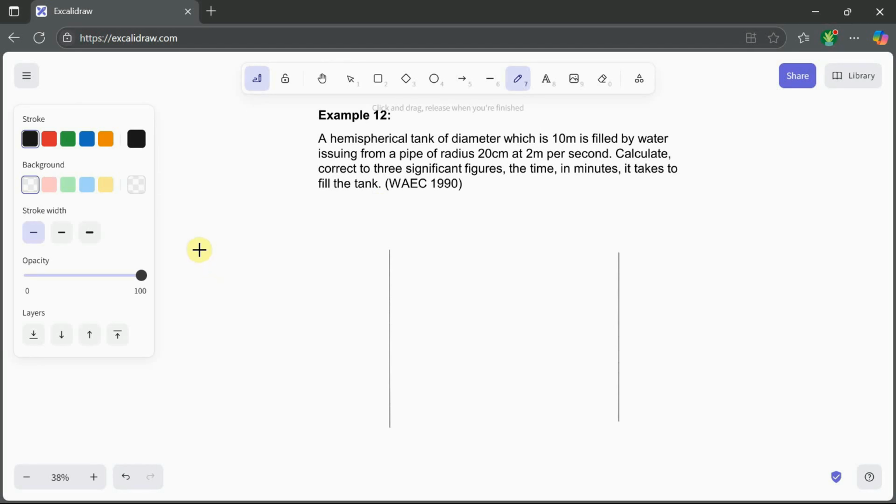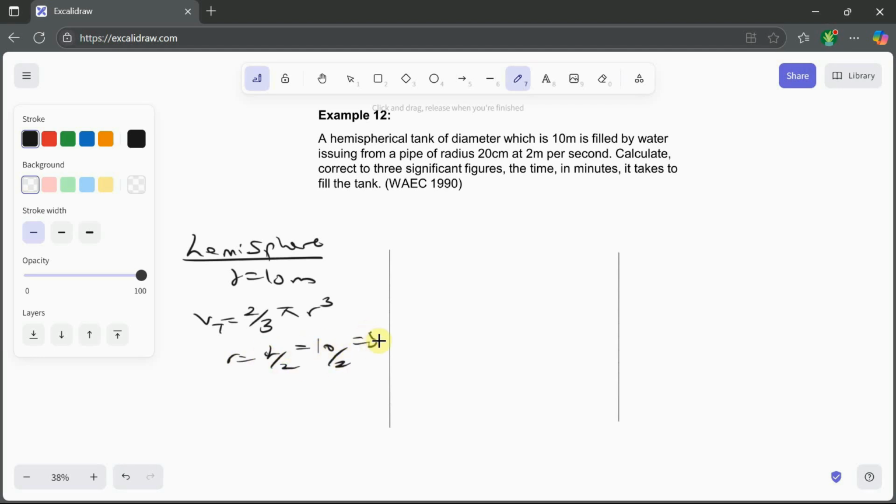So for the hemisphere, the diameter is 10 meters, right? It's filled by a tank. Calculate the time it takes to fill the tank. So for the volume of that tank, for a hemisphere, that will be 2 over 3 pi r cubed, because it's half of a sphere. If our d is 10, then our r is d over 2, which is 10 over 2, which is 5 meters.